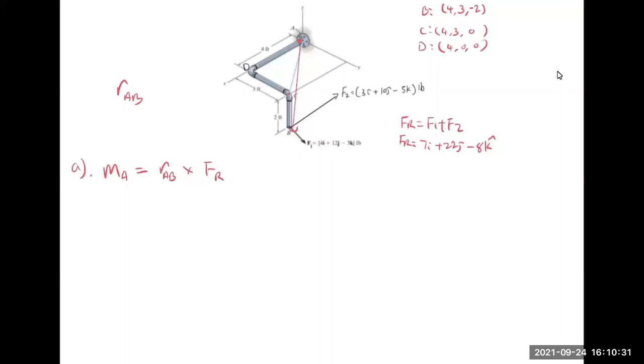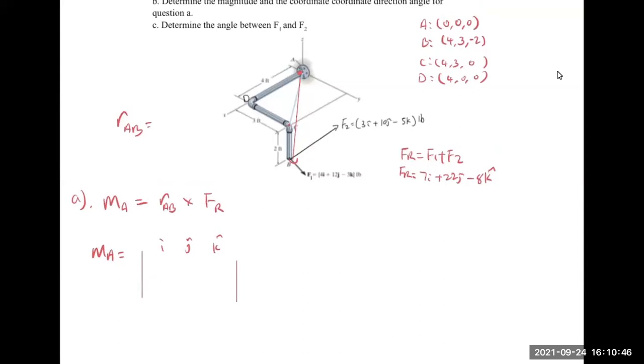Then let me just write out my matrix. M_A will be equal to the determinant with rows i, j, k. We know our R_AB is B minus A, and since A is at the origin, R_AB will simply be B. So it's 4, 3, negative 2.